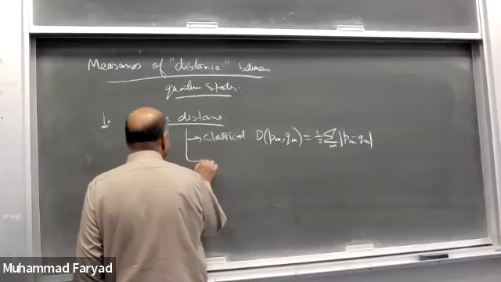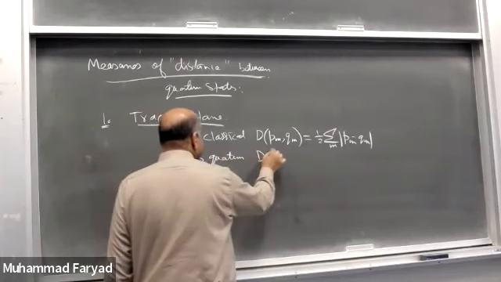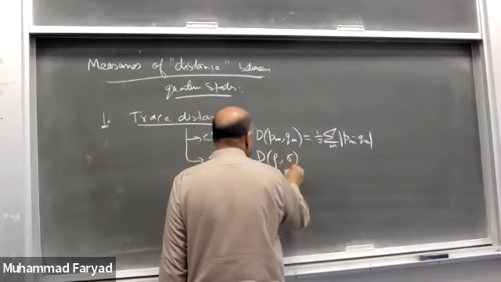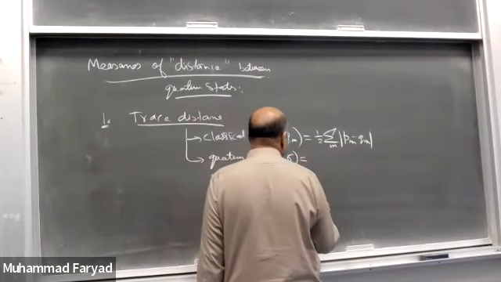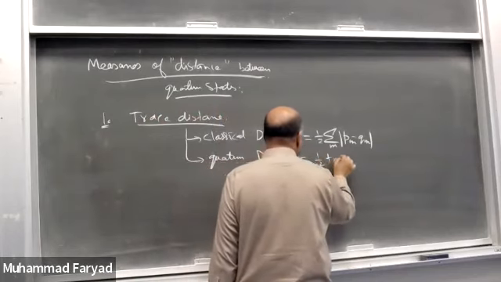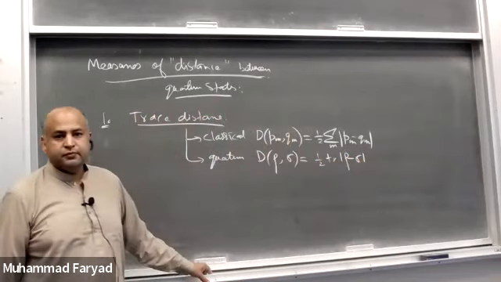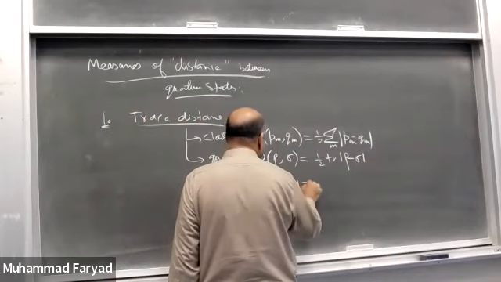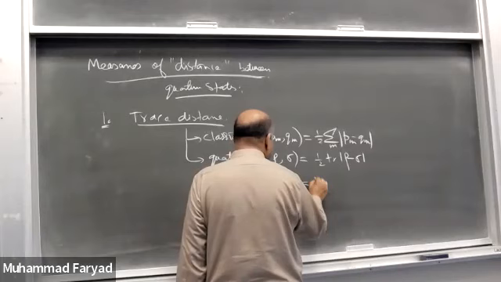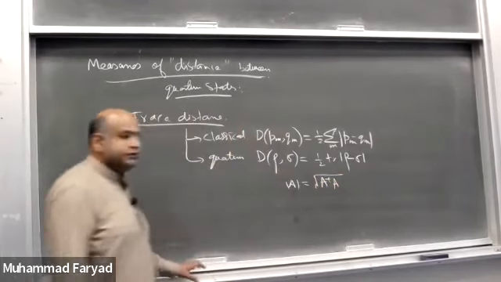And the quantum trace distance between two mixed states in general, rho and sigma, was defined as half trace of |rho minus sigma|, where the modulus of an operator was defined as the positive square root of this operator.